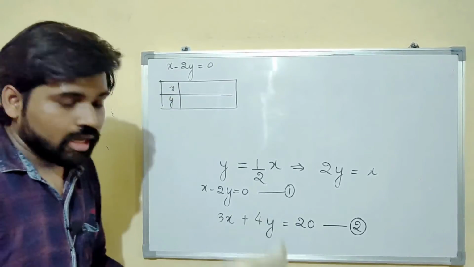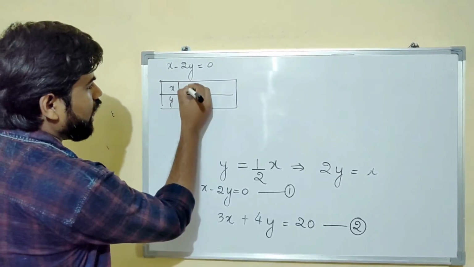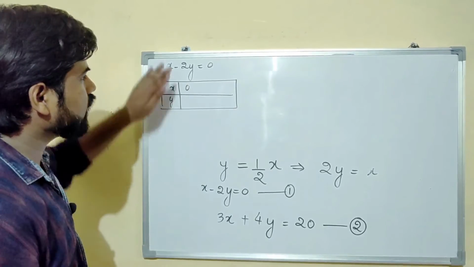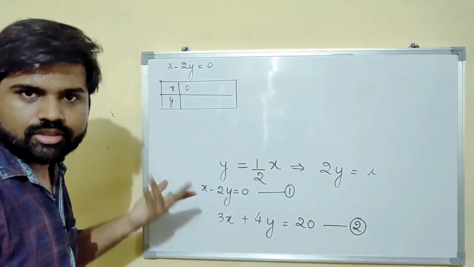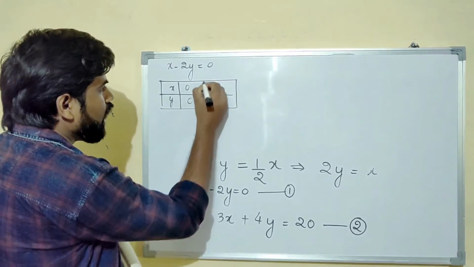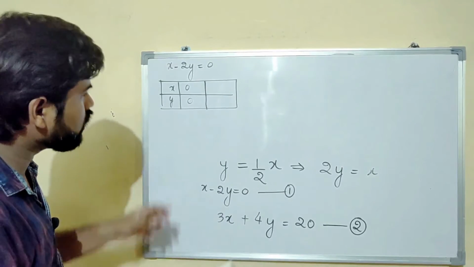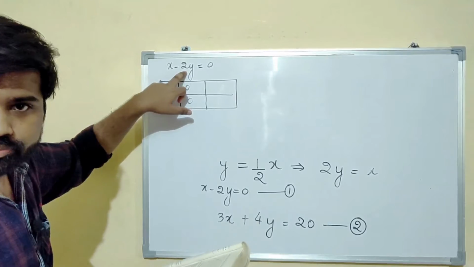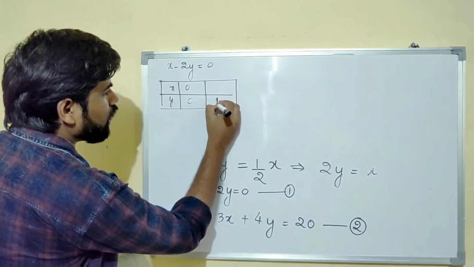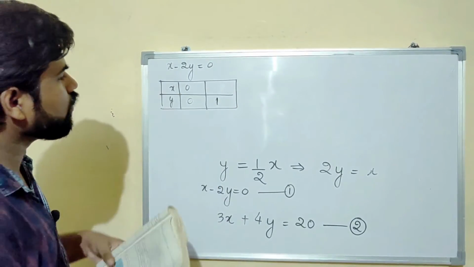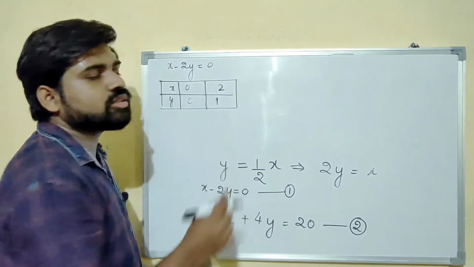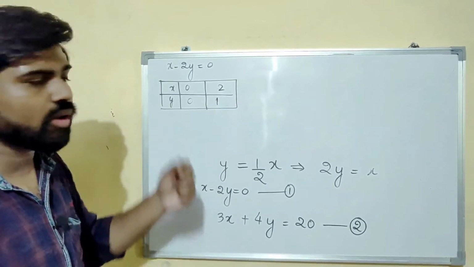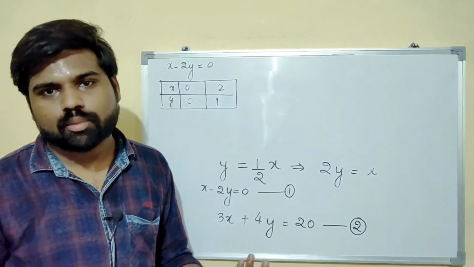Let us put the value of x as 0, then you will get the value of y as 0 only. And then let us put the value of y as 1. You will get the value of x as 2. It is not necessary that you plot the points according to the book. You can take another point also.